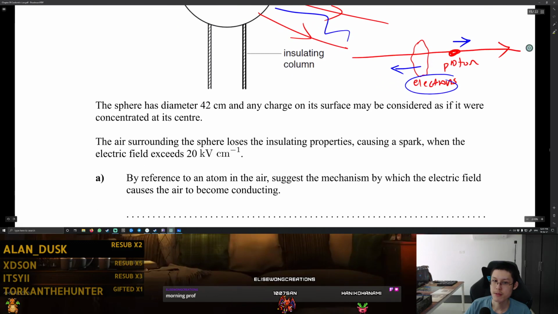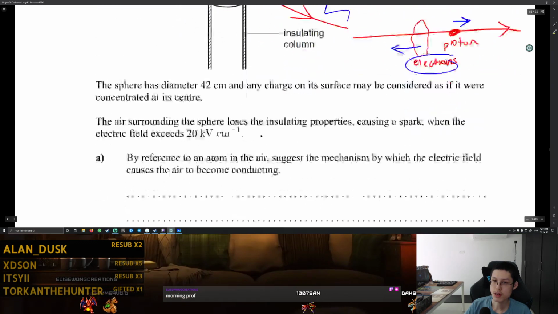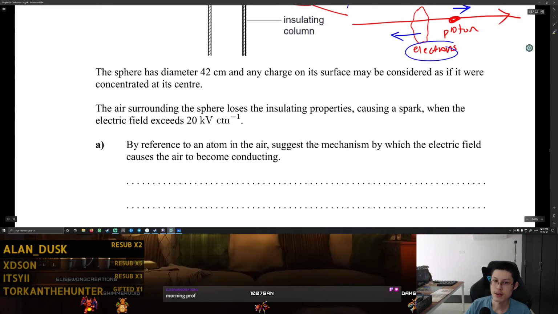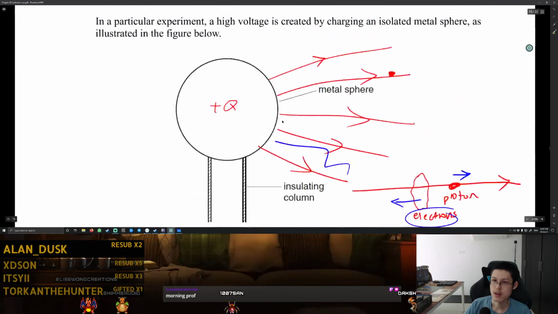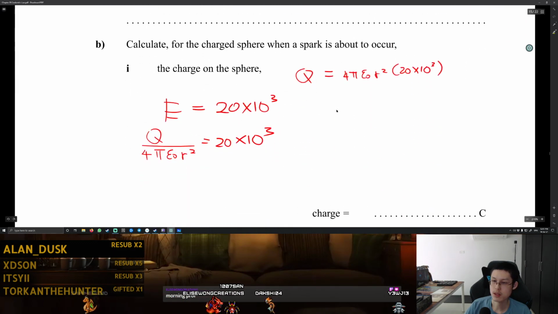Because it says here the charge on the sphere. So the spark happens on the sphere, which means the spark is a distance radius away from the sphere. That's why we're using R. So R is actually 21 centimeters.